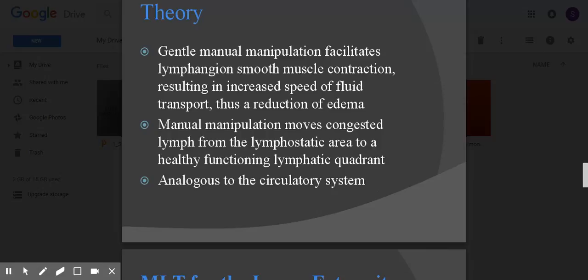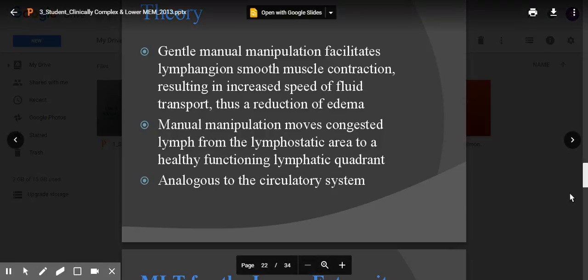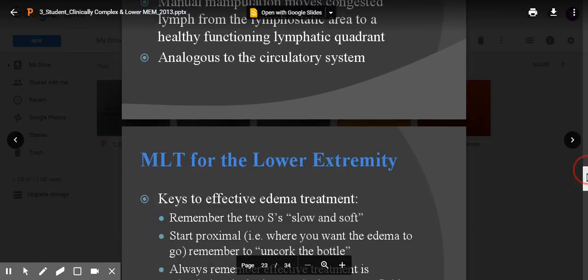That manual manipulation is going to get the lymphatic system to move congested lymph from that lymphostatic area to a healthy functioning lymphatic quadrant. This is analogous to the circulatory system.